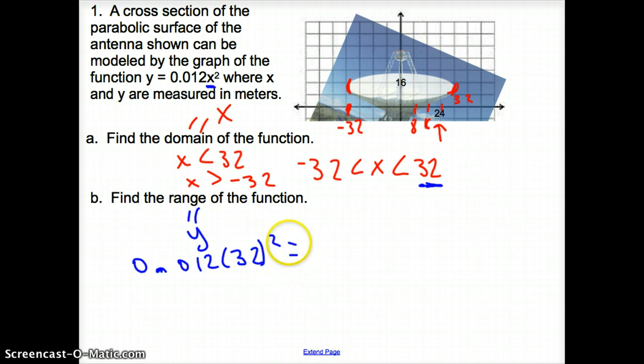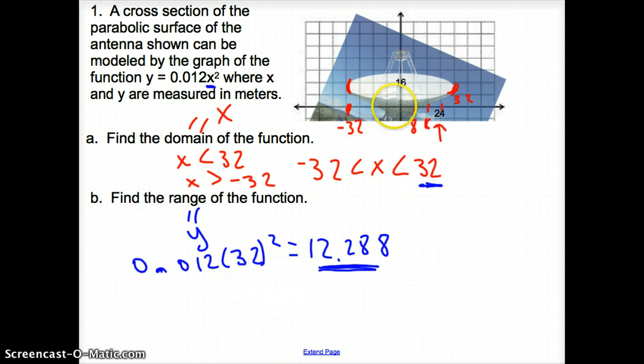Now if you plug that into your calculator, you will come up with a positive 12.288. So that's my biggest value for my y because I plugged in my biggest value of x. So this is going to be my biggest y value. Well, I know that if I plug -32 in for x, I'm going to get the exact same thing, because -32 times -32 is the same thing as +32 times +32.